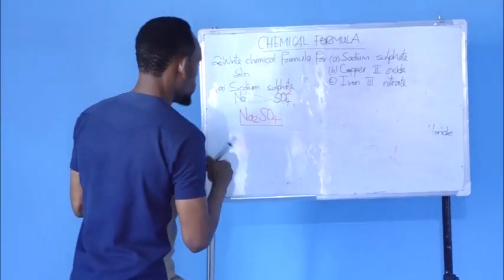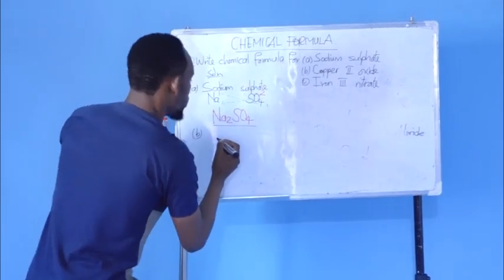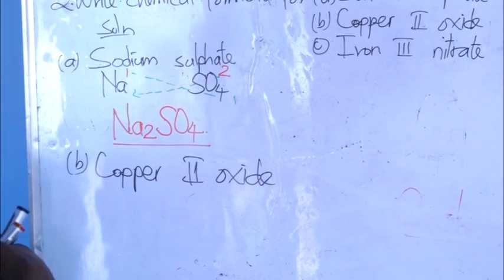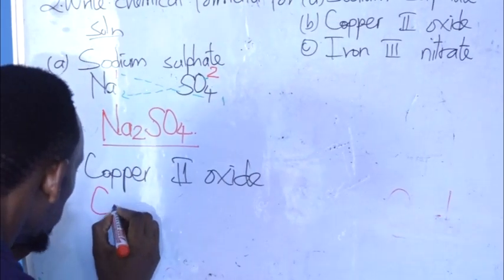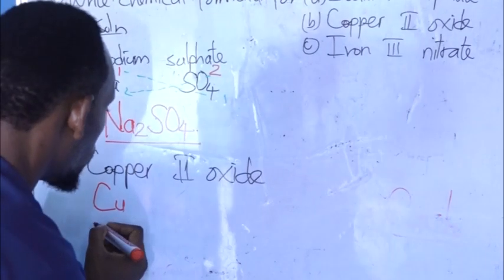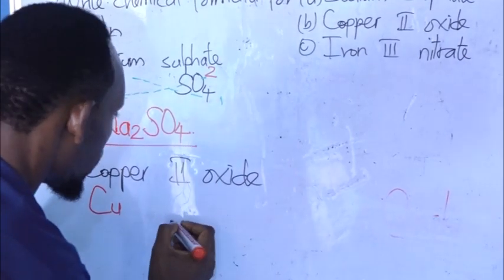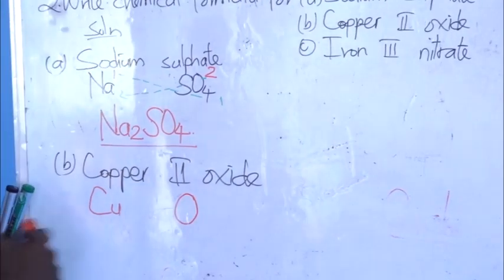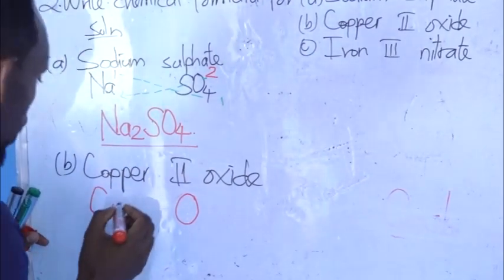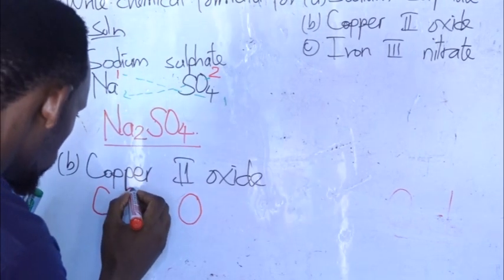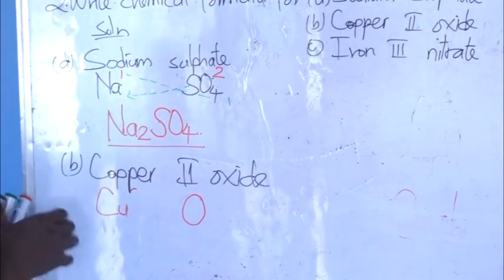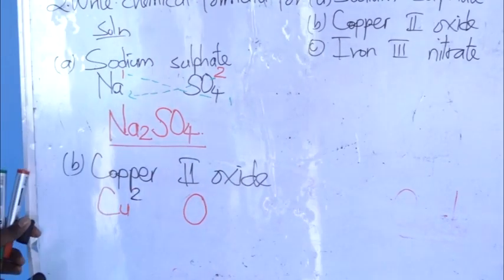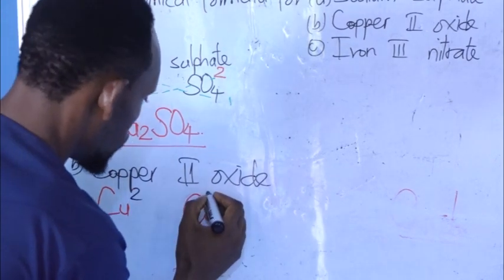Then let us go for B. You are given copper 2 oxide. The chemical symbol for copper is capital letter C, small letter u. Oxide is from oxygen, capital letter O. Copper 2 has a valence of 2, and oxygen has a valence of 2.